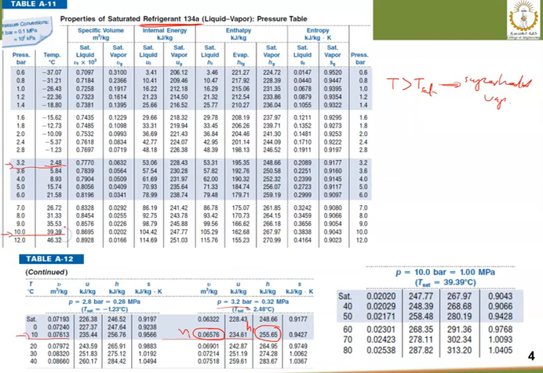Here again the saturation temperature is 39.39, but our temperature is 70. So again the temperature is greater than the saturation temperature, therefore it is in the same superheated region. So we go to the superheated region table of 10 bar and temperature of 70, and this will be our H. So this is H2.